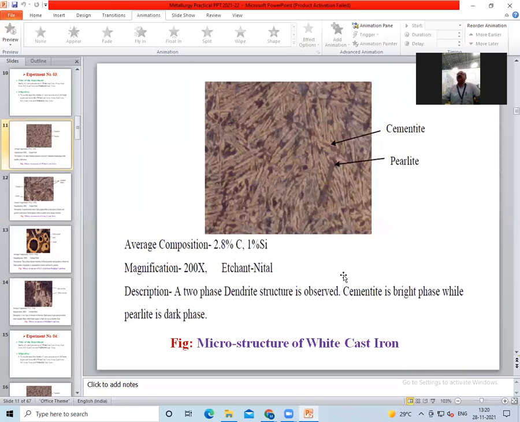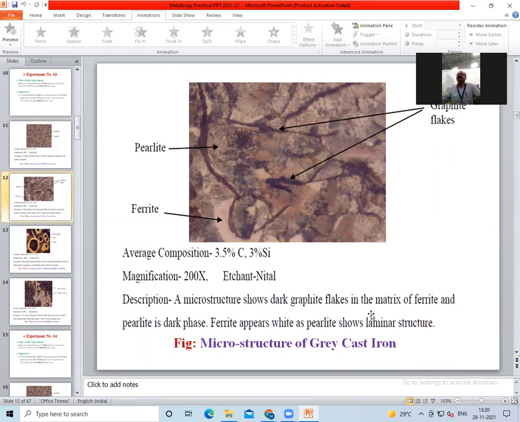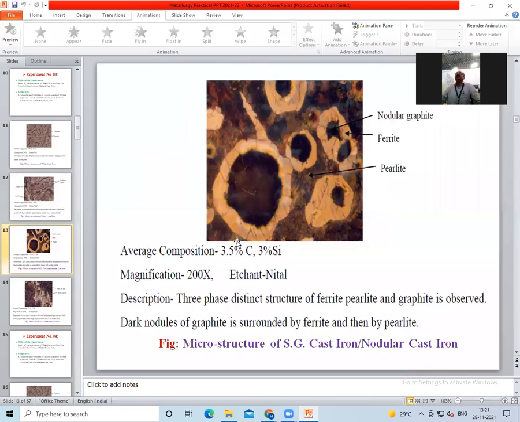White cast iron is harder than gray cast iron, because whenever perlite and cementite structure is there, that microstructure is very hard, and perlite ferrite structure is very soft. This is our microstructure of gray cast iron.